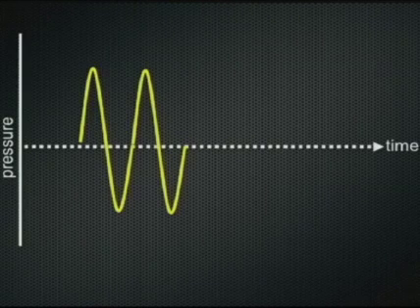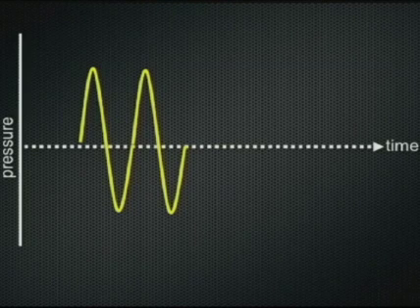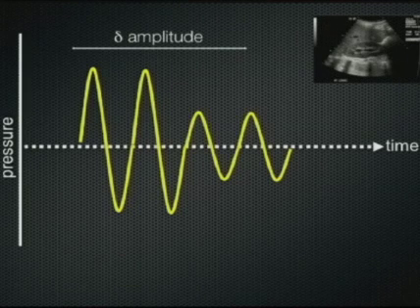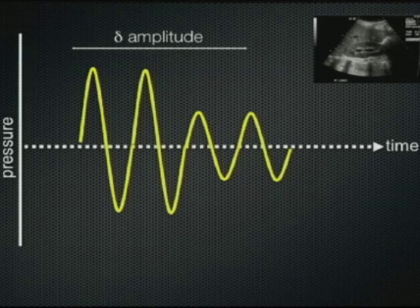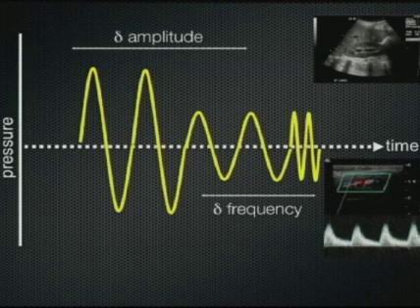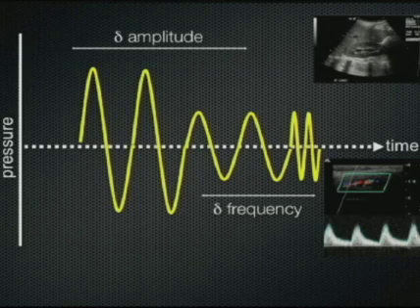Going back to basics, ultrasound is based on the detection of reflected changes in pressure, mechanical pressure waves propagated through tissue. Differences in the backscattered echo amplitude produce the information used to generate a grayscale image, whereas differences in frequency allow us to detect the presence of flow, determine its direction, and to calculate its velocity.